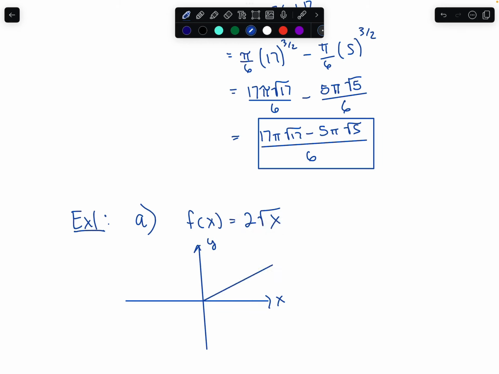Sometimes my Apple Pen doesn't want to cooperate. So if we rotate and take a little slice, this here now becomes the radius of this slice. Now the radius is parallel to the y-axis, so the radius is equal to y.